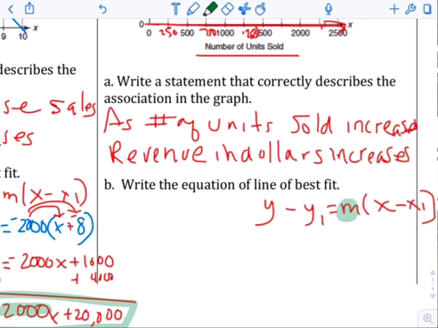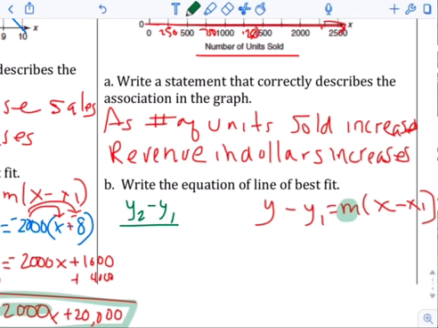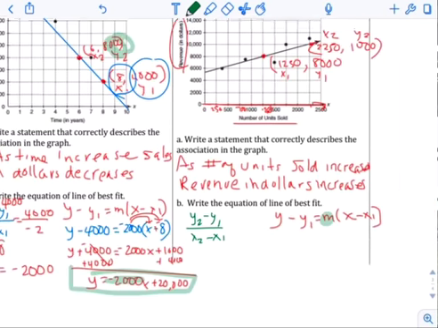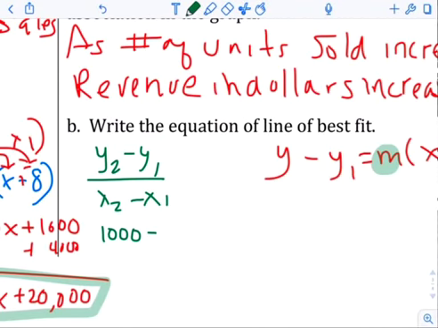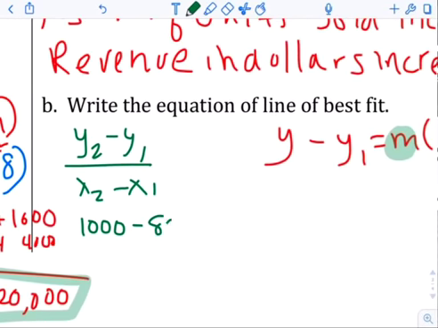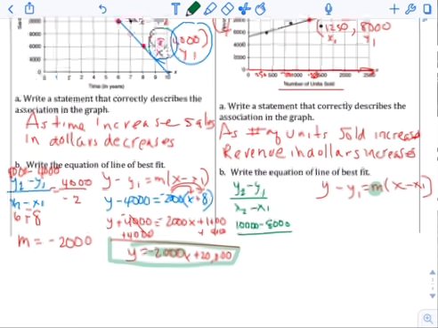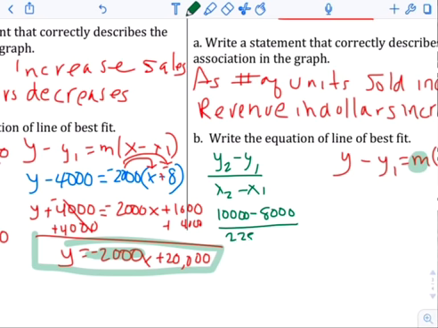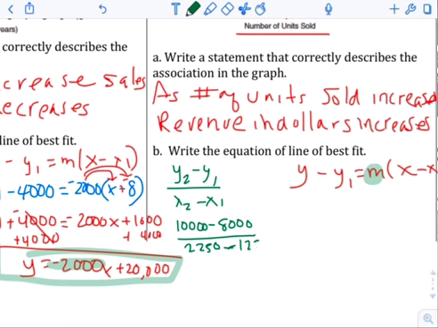Let's find the slope first, which is y2 minus y1 over x2 minus x1. 10,000 minus 8,000, over x2, which is 2,250, minus 1,250.